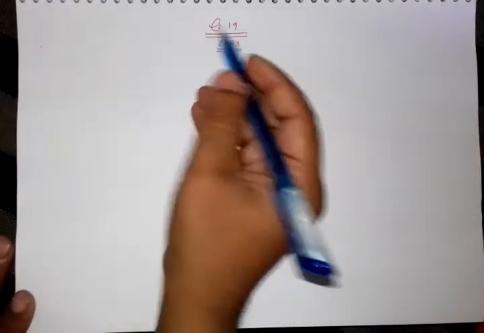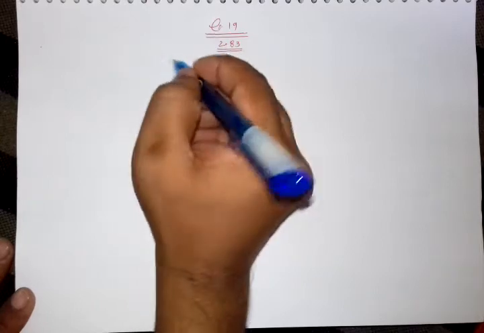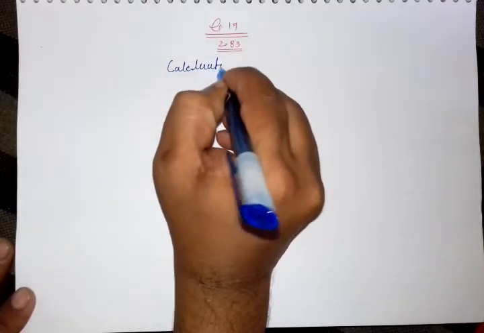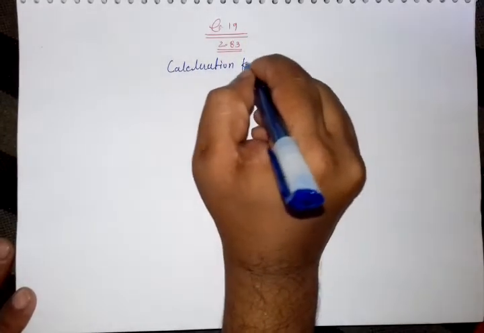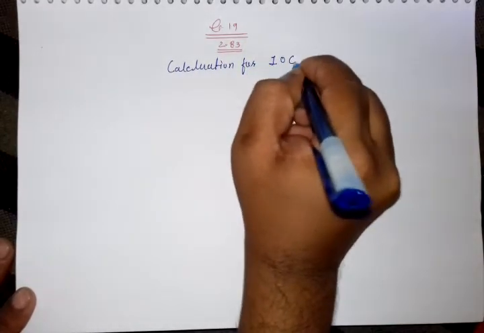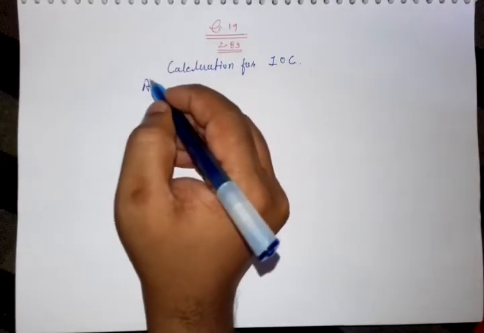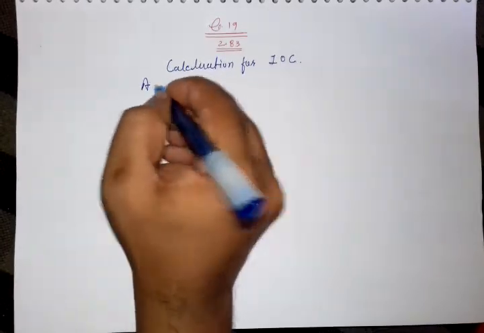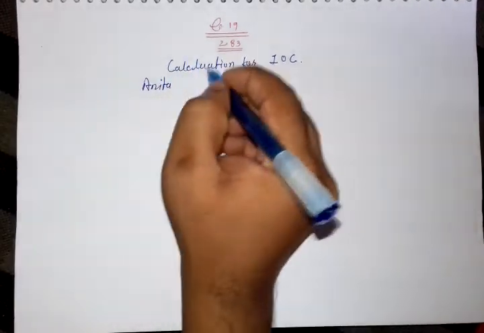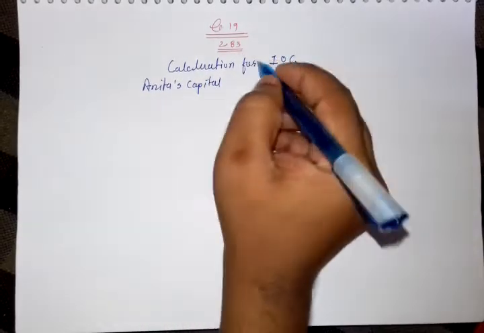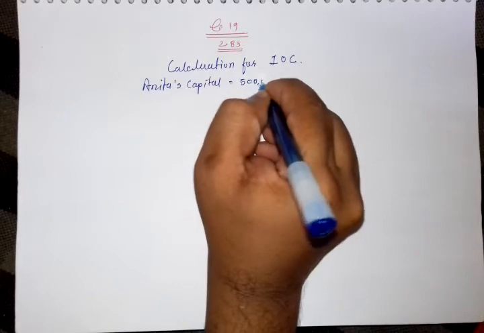Here we have to only pass the journal entry for interest on capital. So calculation for IOC, interest on capital. See, Anita's capital is 5 lakh rupees, that is clear.